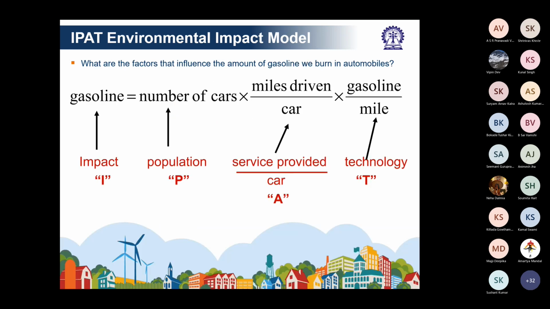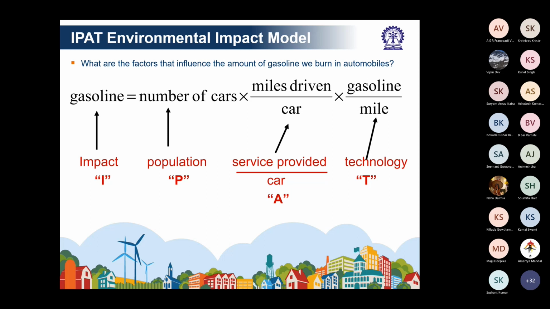For example, when we want to understand the factors that influence the amount of gasoline we burn in automobiles, we can calculate it by the number of cars, which is our P in this case, then the service provided by the car, which is the miles driven by the car, that is our A, and then gasoline per mile, which is the technology. The product of these gives us the amount of gasoline we burn in automobiles, from which we can calculate the amount of CO2 we are emitting into the environment.